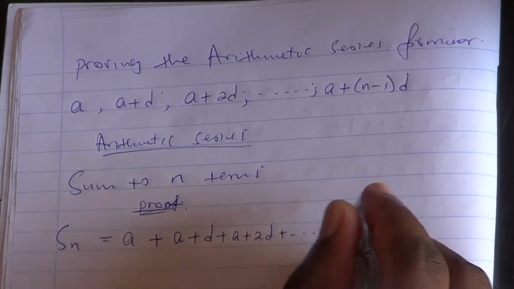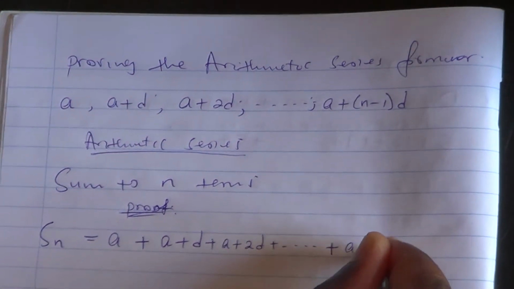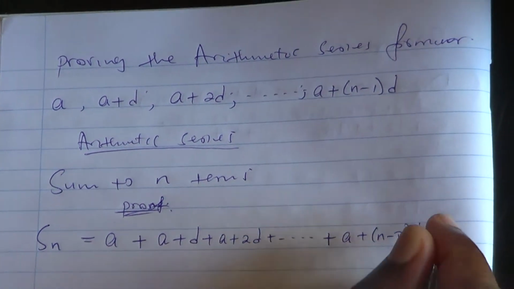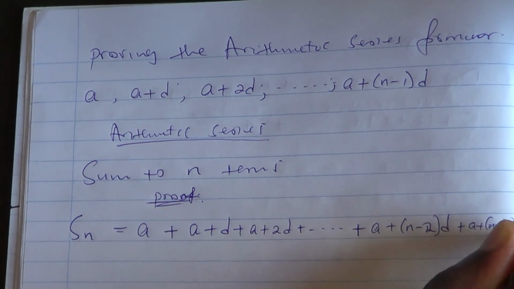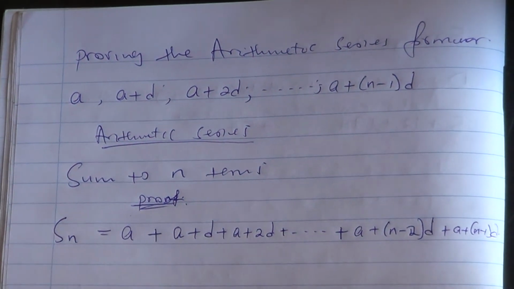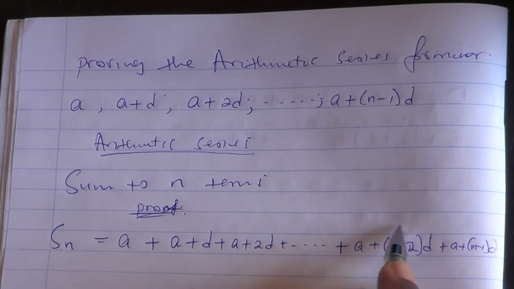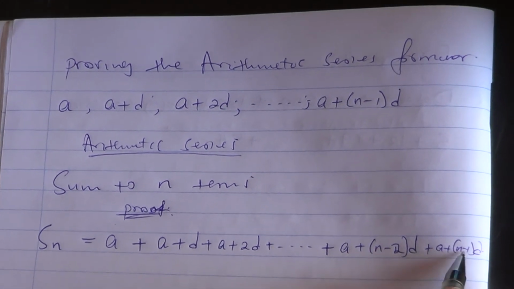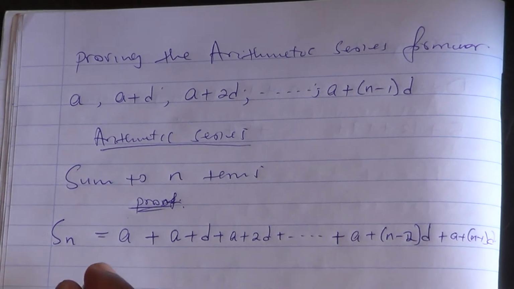Now they are continuing, they are increasing. This is a plus (n minus 2)d plus a plus (n minus 1)d. You might be asking why minus 2? The terms are increasing, t1, t2, t3. This one is another term. After this term, we're having the n minus 2 with n minus 1. You see, it's increasing. Now, this is step number 1.